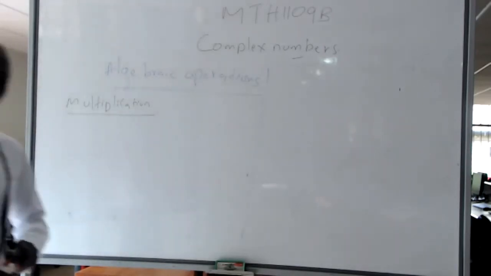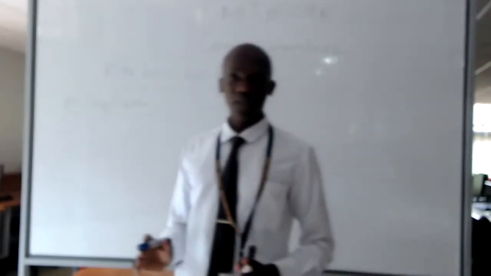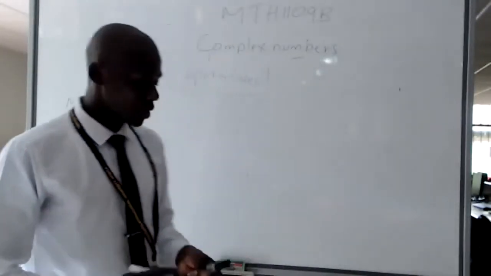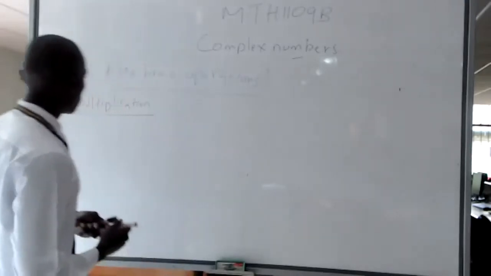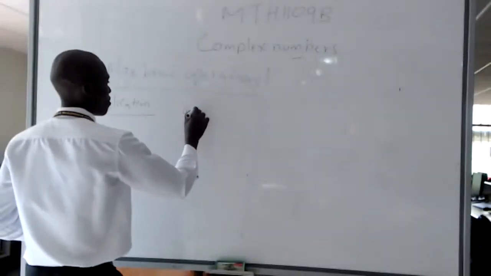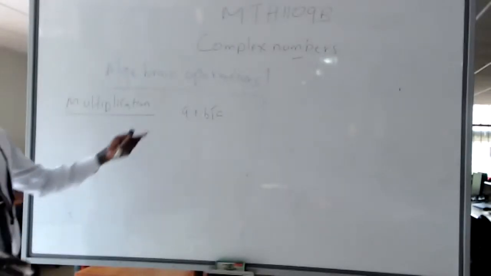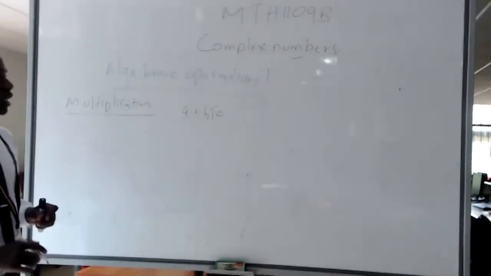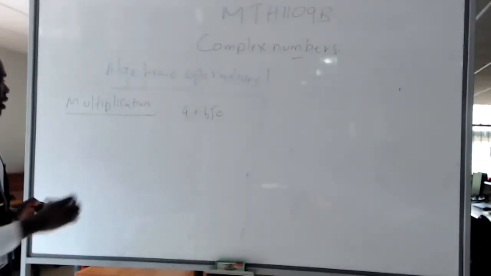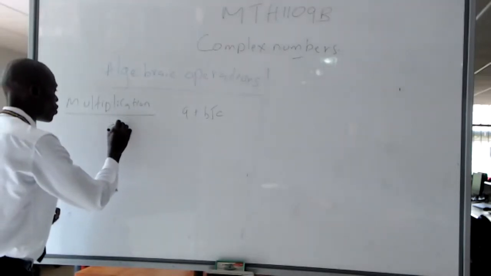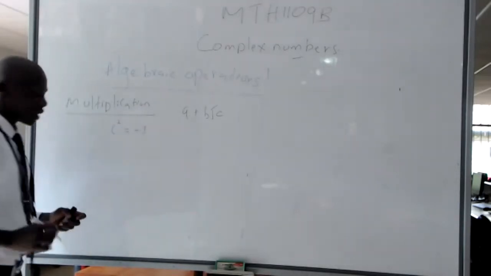To multiply two complex numbers, multiplication is a bit different. We are going to multiply two complex numbers the same way we deal with expressions like (a plus b)(c plus d), but we have to keep in mind the rule that i squared gives you -1. Okay?